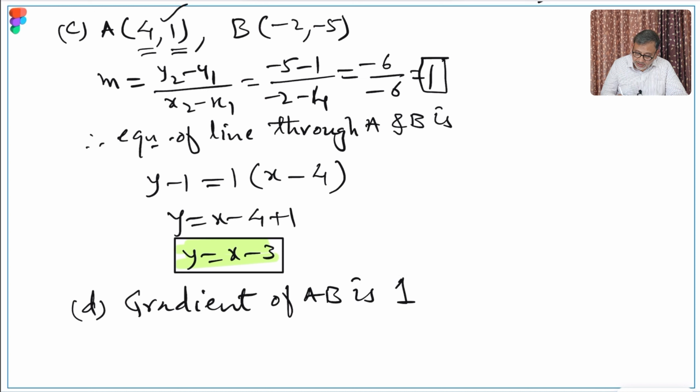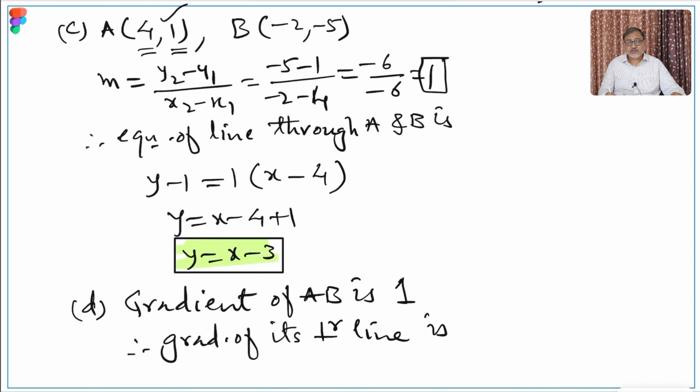Therefore, the gradient of the perpendicular line is minus 1. Because when two lines are perpendicular, the product of their gradients should be minus 1. So 1 multiplied by minus 1 will give you minus 1. Okay. Like this, the question is solved.